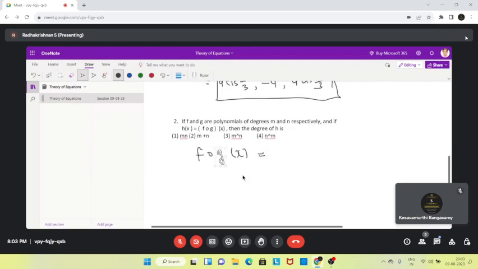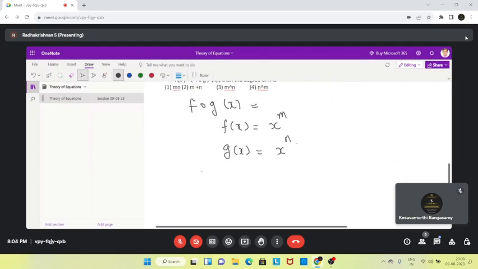See, like you said, we can take f of x equal to x power m and g of x equal to x power n. Now you substitute f of g of x: instead of g of x you put x power n, then that whole thing to the power m.